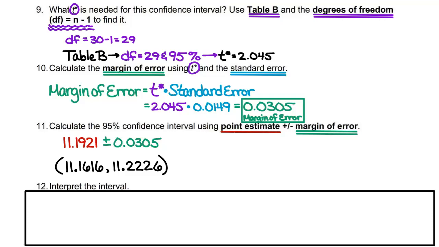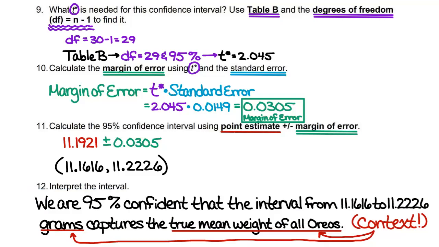We are 95% confident that the interval from 11.1616 to 11.2226, and then I want to stick a little bit of context in here. How did they measure the Oreos in the sample? Grams. So I would stick grams in here so I'm getting some context in. So 11.1616 grams to 11.2226 grams captures the true mean weight of all Oreos. So I'm getting my context in there in 2 places.